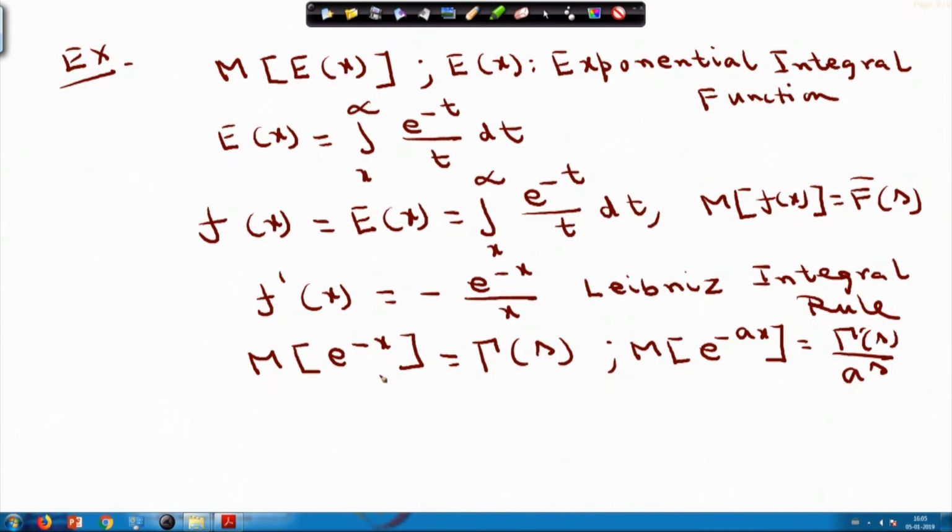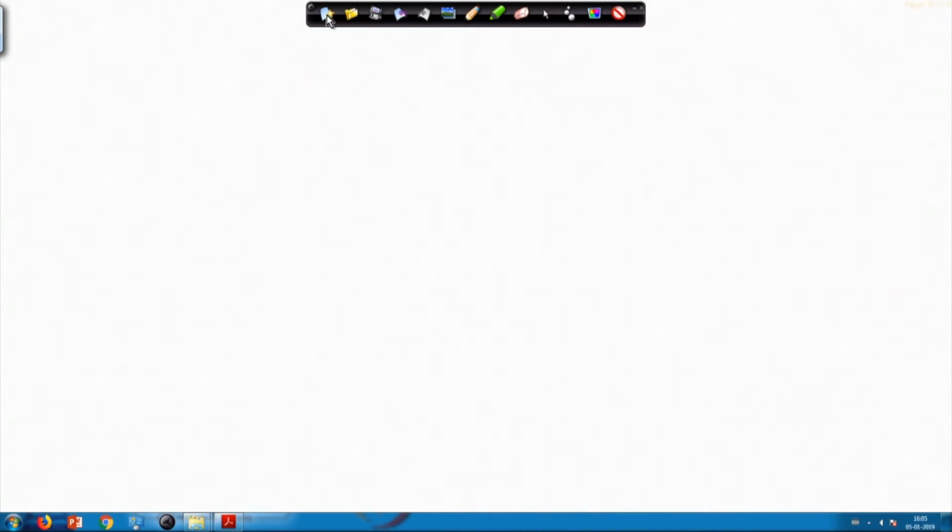From here, the Mellin transform of e to the power minus x is equal to gamma s.